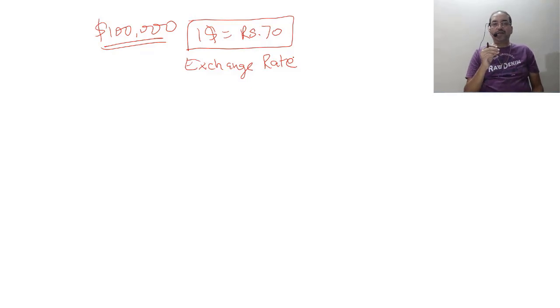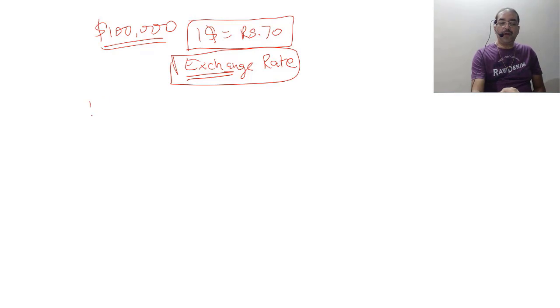Since I'm purchasing foreign currency, I have to know how much home currency I have to exchange to purchase it. That is why it is called foreign exchange: there is an exchange of currencies. How much of my domestic currency has to be exchanged for purchasing the foreign currency, that is dollars, is what is to be calculated here. That is why it is called foreign exchange, and it is called the exchange rate.